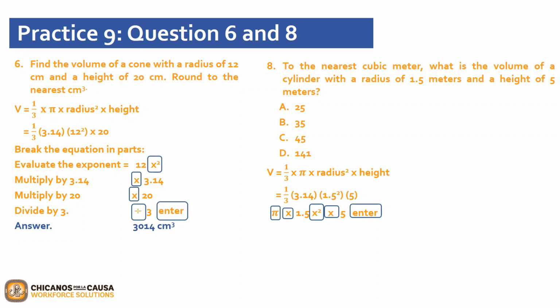We have the button for pi, which is on your calculator, times 1.5 and then x squared times 5, and then you're going to push enter, which will give you an answer of 35 cubic meters. So in this case, the answer for number 8 is B.